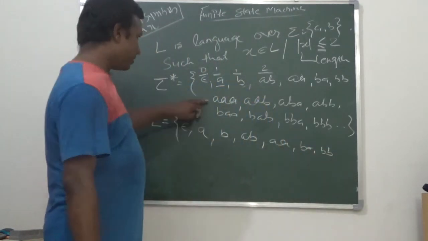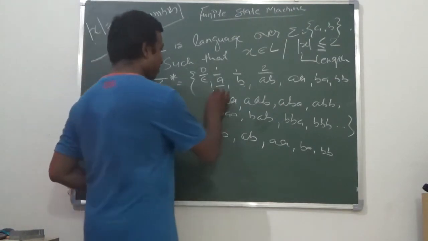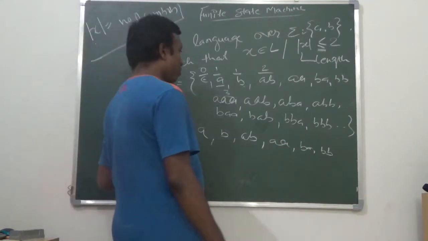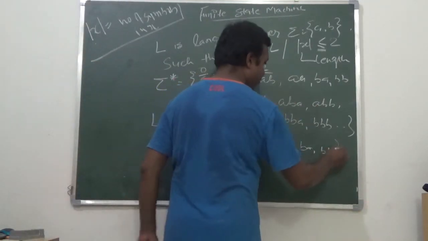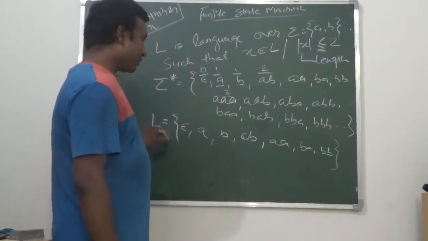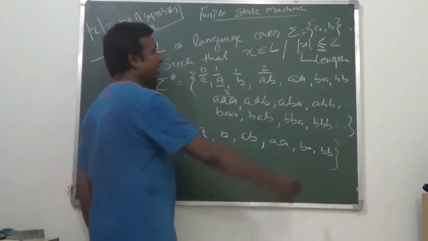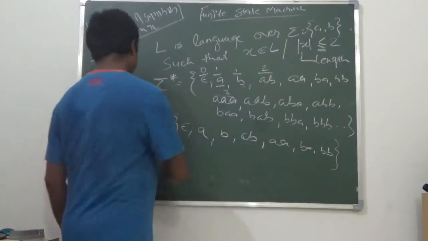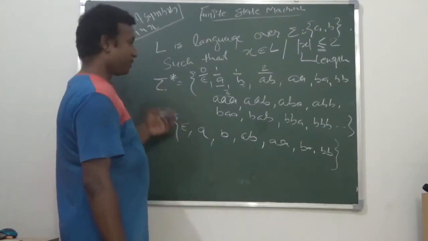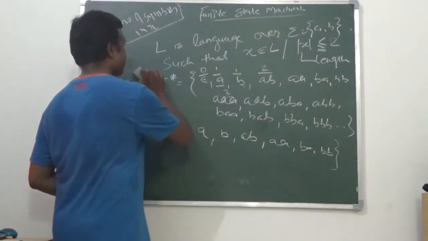Now all these other strings have length 3, and 3 is obviously not less than or equal to 2, so we need not include these. So this is what the language L is, and it contains the strings whose length is less than or equal to 2. So this is one language, and obviously it is a subset of sigma star, so it's very easy to get, right?